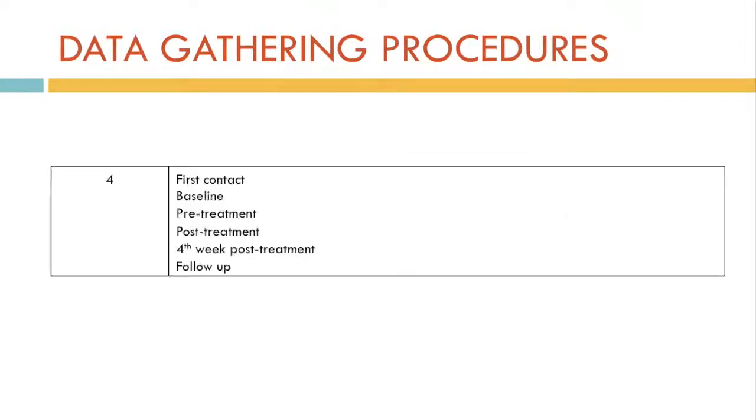In the last study, the researchers had made first contact and had taken the participants' baseline data. Pre-treatment and post-treatment were also utilized, and after 4 weeks post-treatment, data was gathered yet again with follow-ups thereafter.